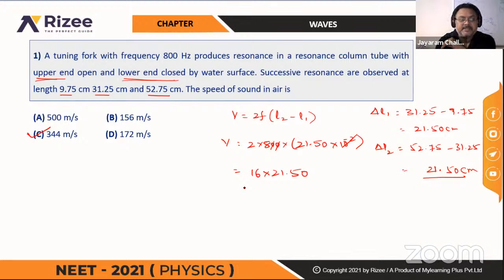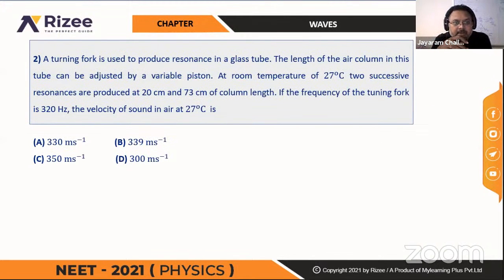So next case, please. A tuning fork is used to produce resonance in a glass tube. The length of the air column in this tube can be adjusted by a variable piston. Same thing, a resonance column apparatus asking the same question on the resonance condition. At a temperature of 27 degrees, two successive resonances occur at 20 and 73.